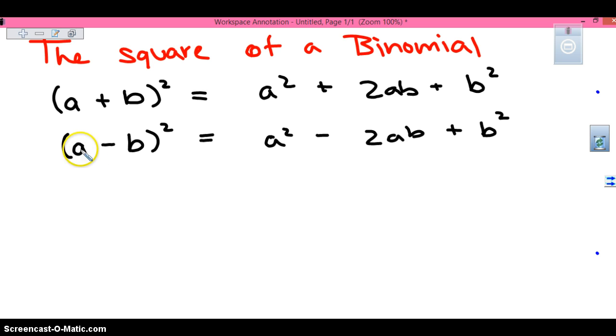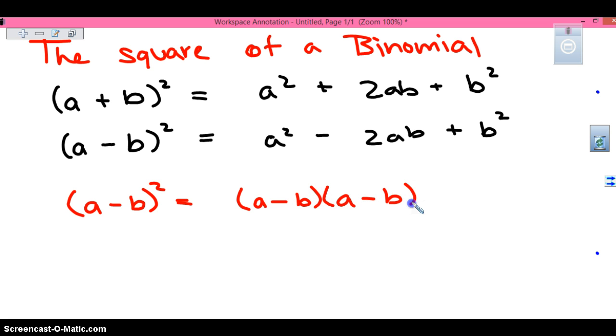Now if we try (a minus b) squared to see how this formula works out, we can say (a minus b) squared is equal to (a minus b) times (a minus b). You can use the FOIL method that we learned yesterday. A times a is a squared.